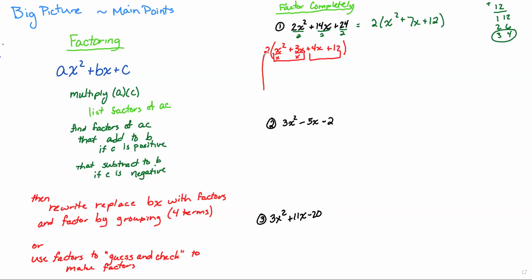I'm going to put my 2 down for my answer because I don't really want to deal with that. So x, and then if I pull out the x, I will have an x plus 3. And in these two, it's a positive, so I'm pulling out a positive. And I can pull out a 4 from both, so plus 4. And 4x divided by 4 is x, and 12 divided by 4 is plus 3.